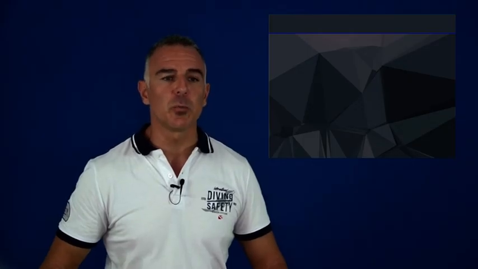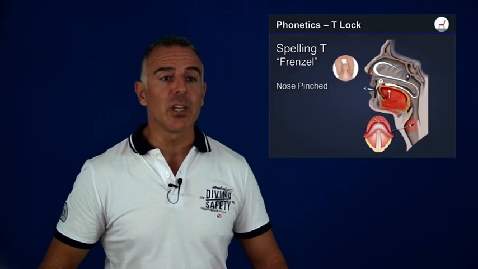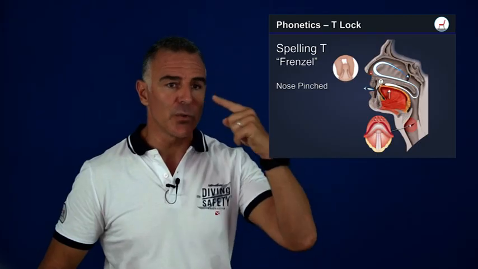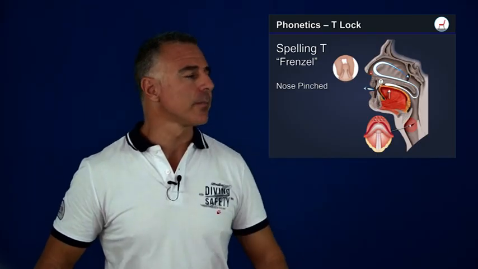Perfect. As soon as you are able to perform the spelling of the T Frenzel, then we will make a small modification. We're going to repeat the same skill, but pinching the nose and paying attention to inflate the nostrils. Look.